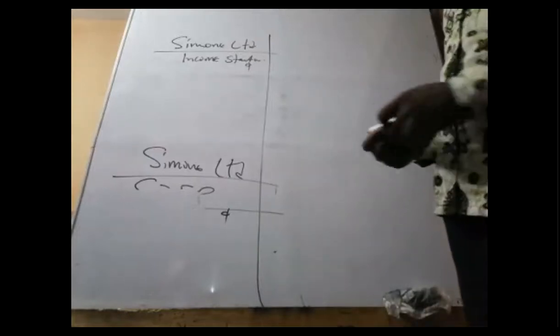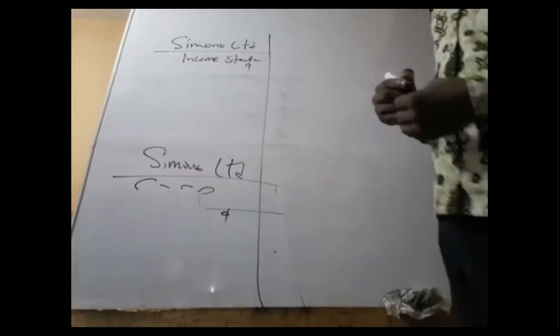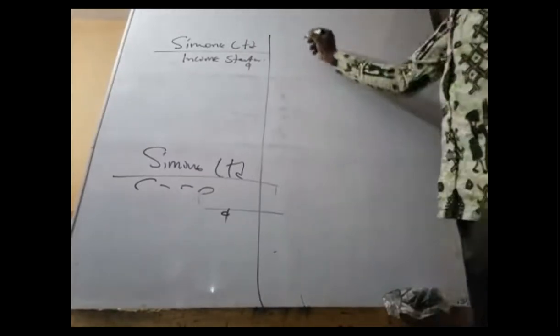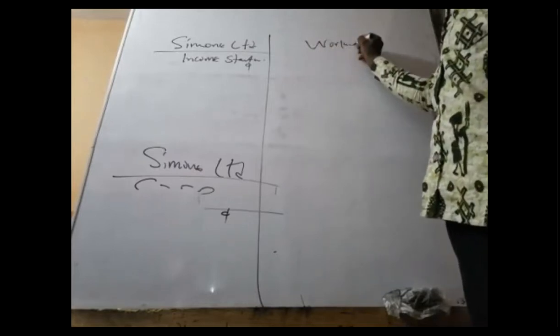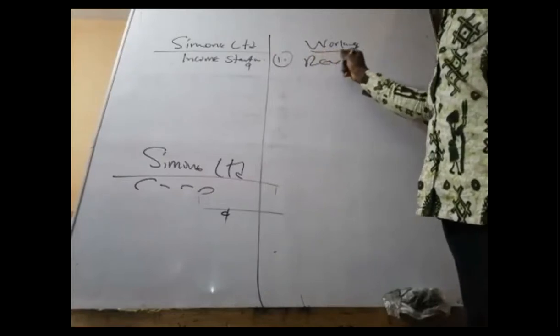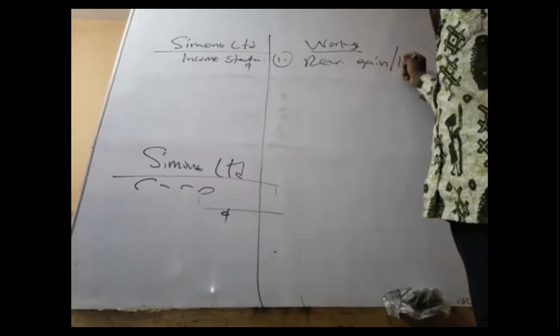Now, the first working that I'll do is the revaluation gain or loss. Working 1: I'm going to calculate whether there will be a revaluation gain or loss.